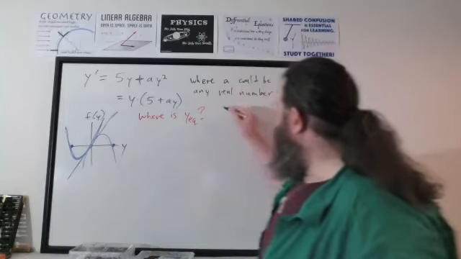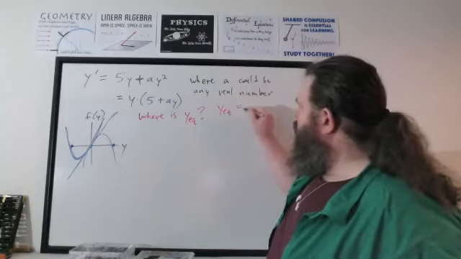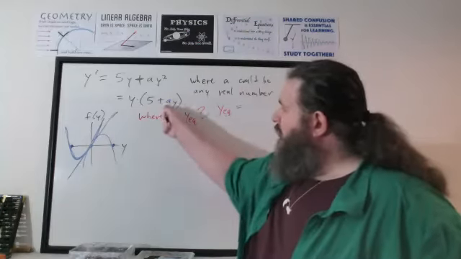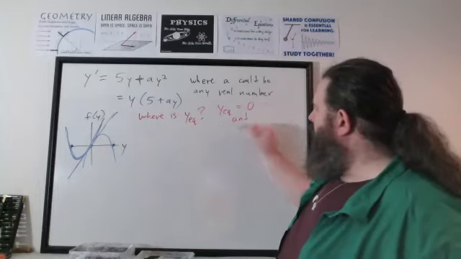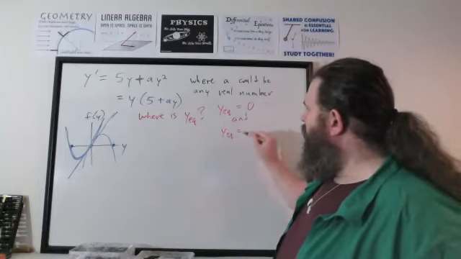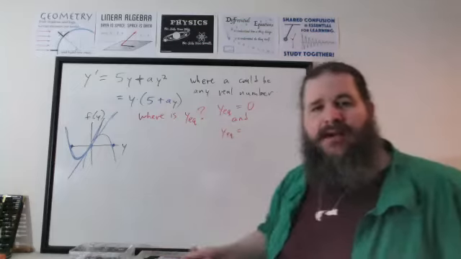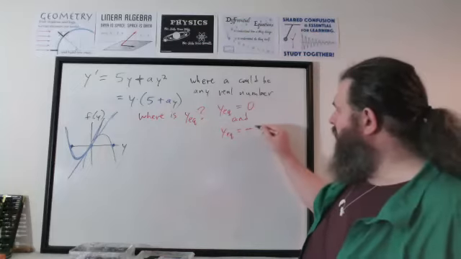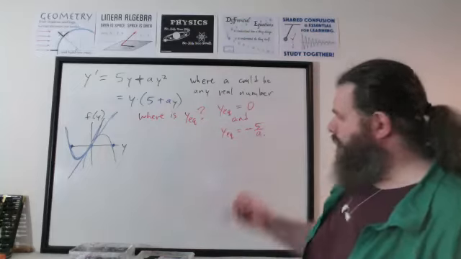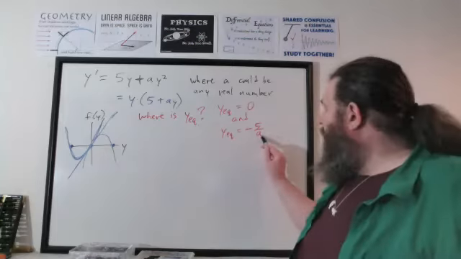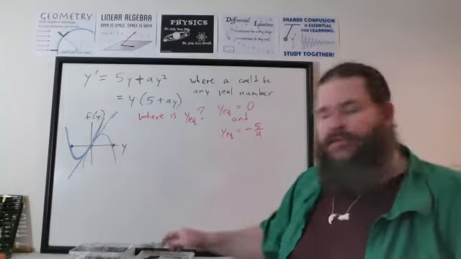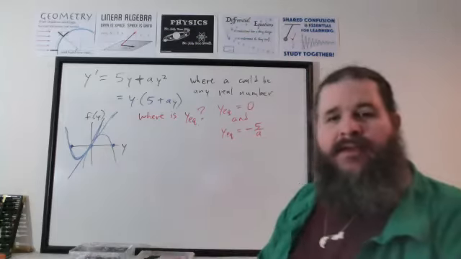No matter what a is, y equals 0 is always going to be equilibrium. And our other equilibrium depends on a. We ended up with y equilibrium equals negative 5 over a. So we can make a graph showing how a influences the equilibrium solutions. That's really all a bifurcation diagram is.